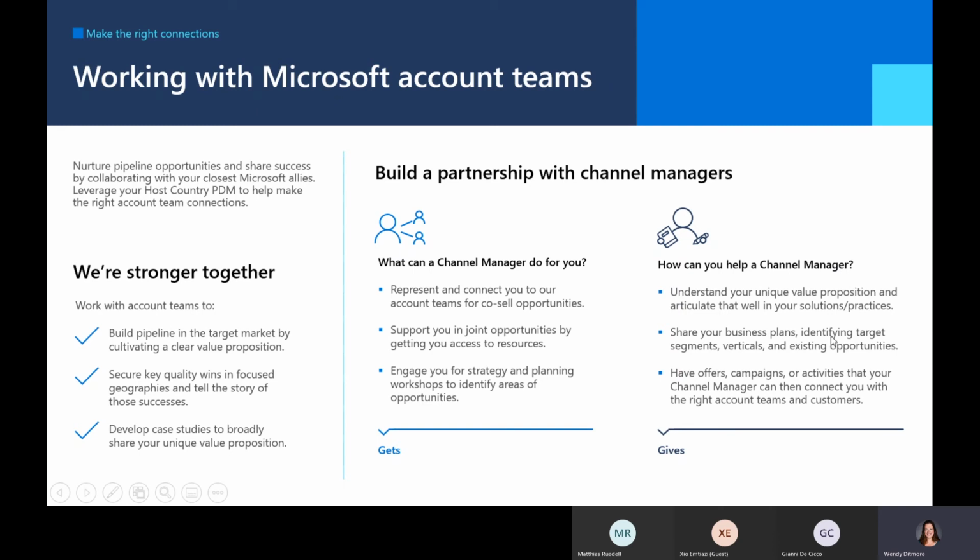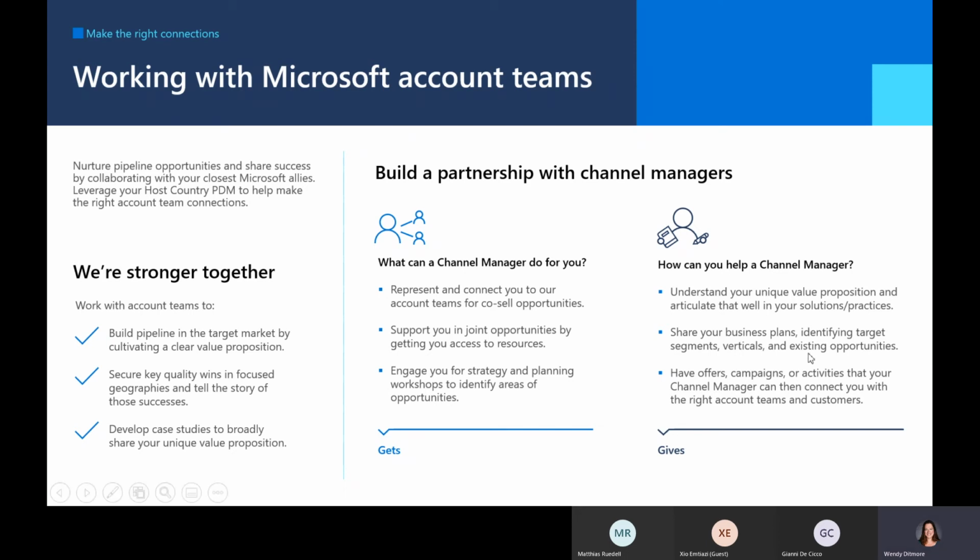To help make it easy for channel managers to work with you, it's really important to have a good, clear value proposition that articulates what your solution does and how it can benefit a customer. It's also good to have a very clear business plan that you can provide that channel manager that identifies target segments where your vertical alignment may be well matched and any existing opportunities that you are working on.